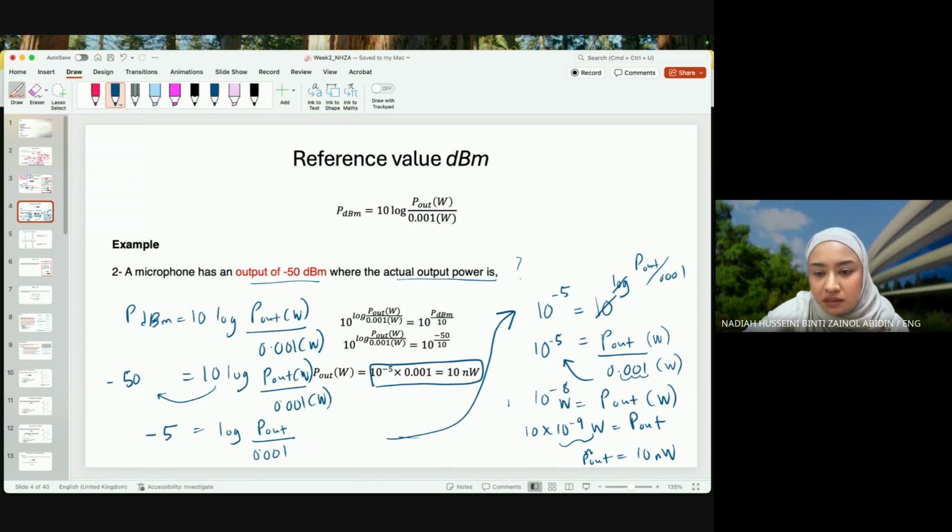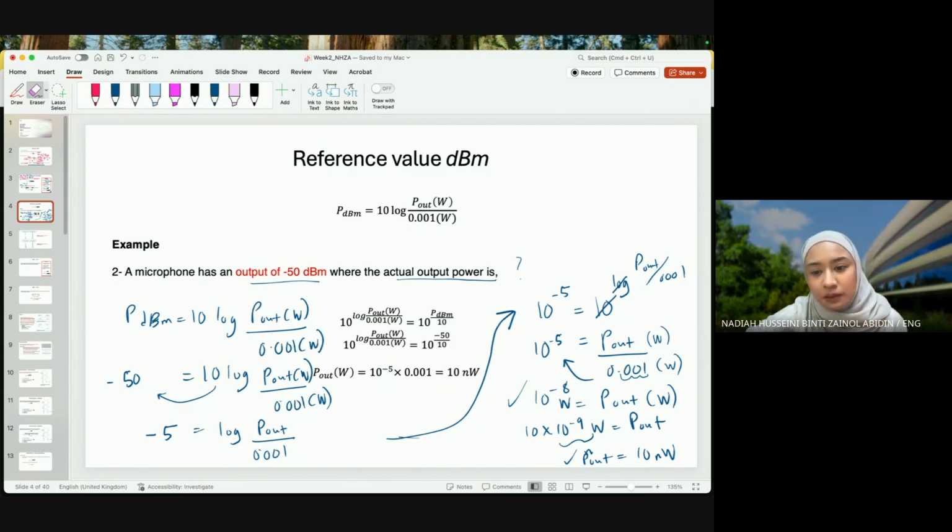Both answers are correct. This is just a little bit fancier. So the equation is nicely written here. If you can't follow my handwriting, it's not that bad.